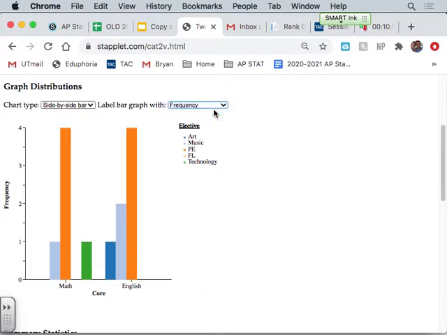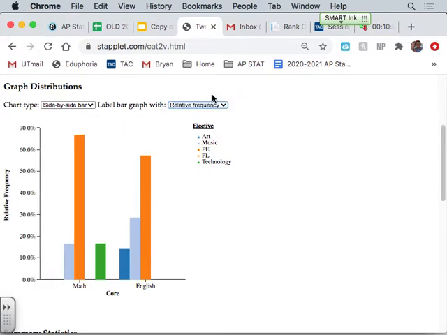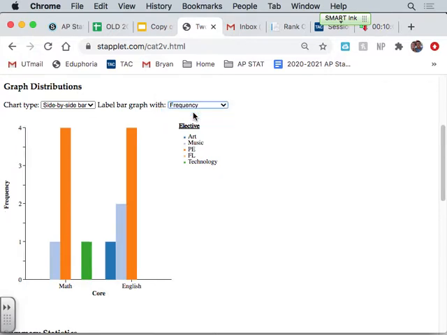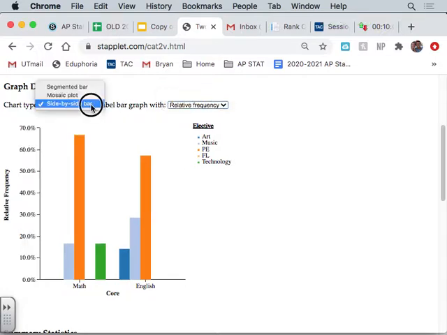Here's my frequency, and here is my relative frequency, and now all of a sudden those PEs are not the same. They're not vastly different, they're still the biggest ones, but there is a difference. Same thing with music, which goes up. So there's my side by side.